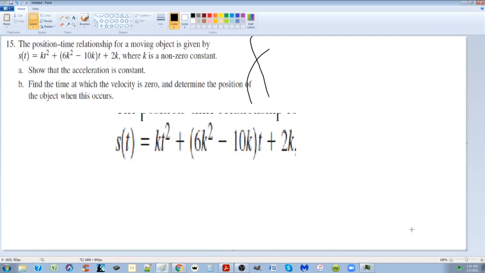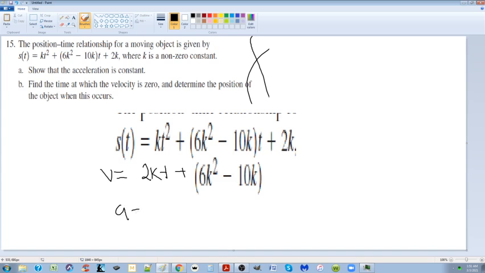That part's easy. So what's this one? 2kt. What's this one? It's going to just be this number, because this is just t. So this is velocity, right? This disappears. It's not part of it.